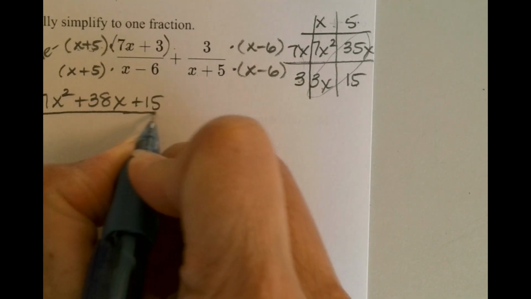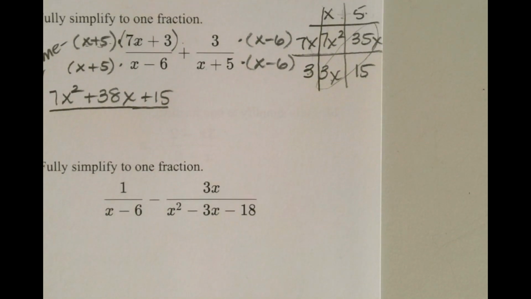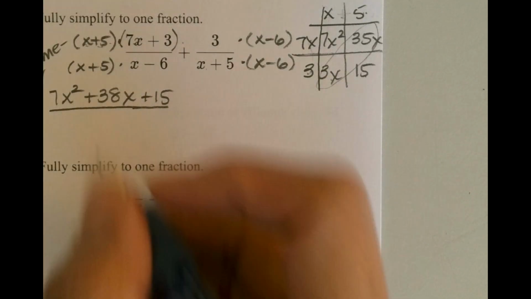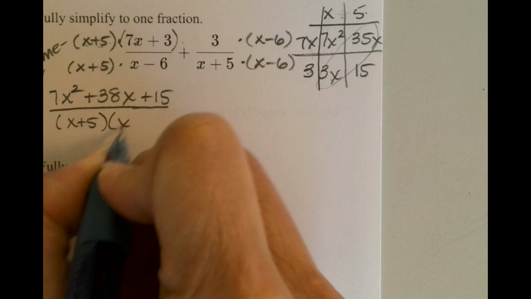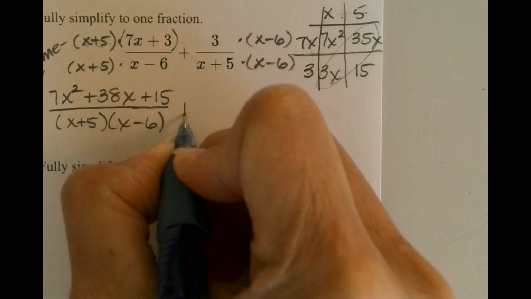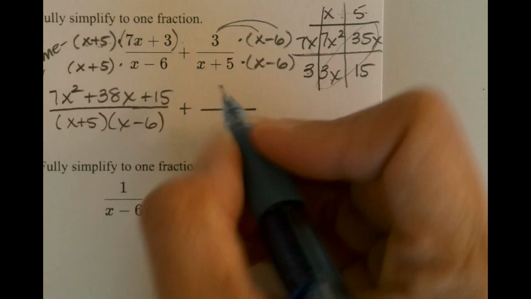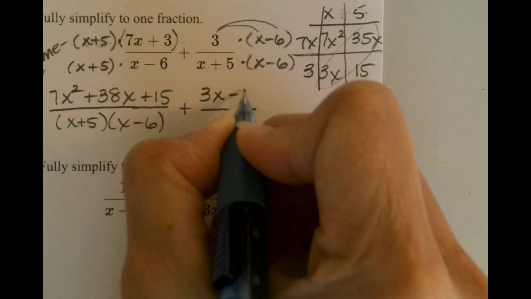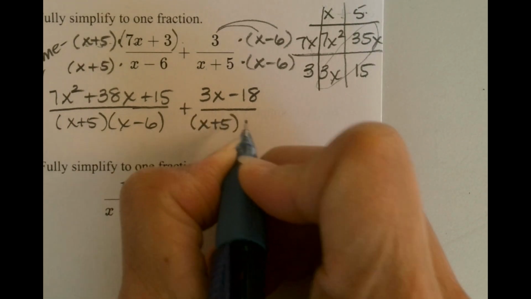So 7x squared plus 38x plus 15. Then I'm going to put it over x plus 5, x minus 6, plus, and this one's pretty straightforward: 3 times x minus 6 ends up being 3x minus 18 over x plus 5, x minus 6.